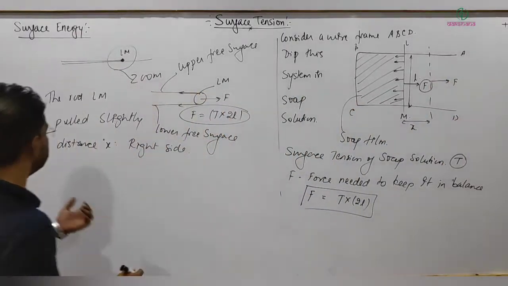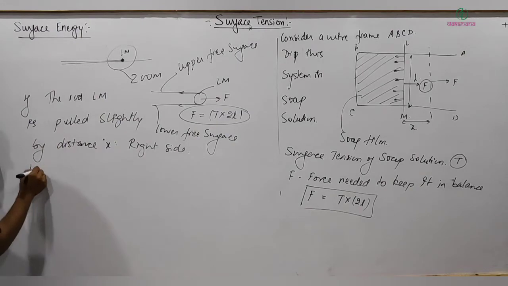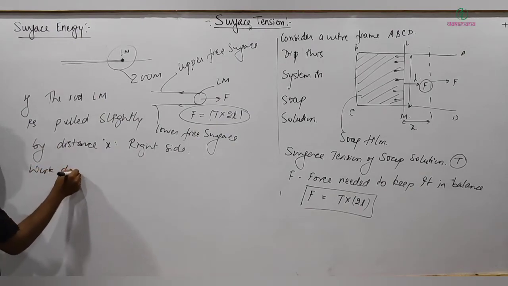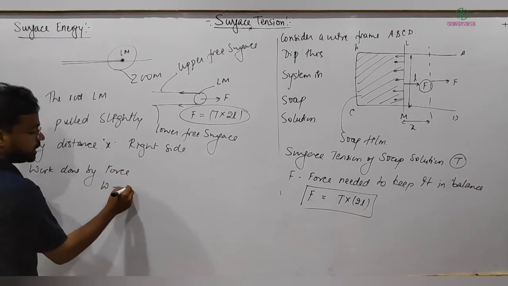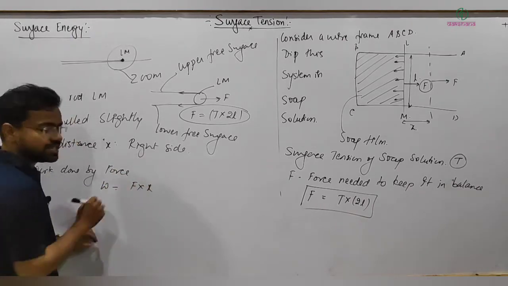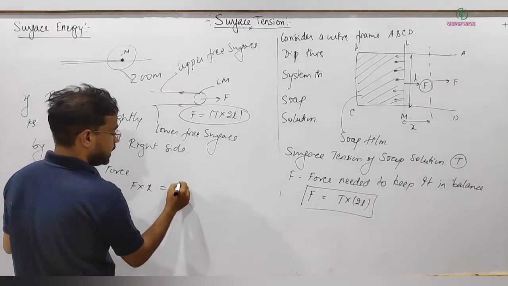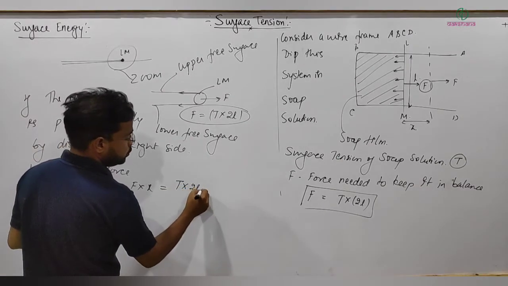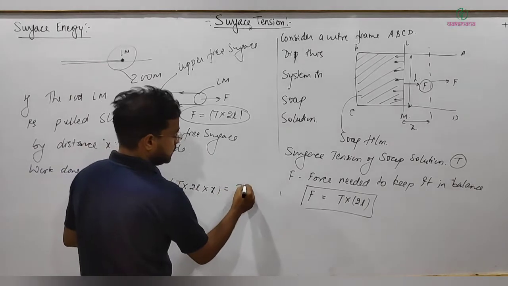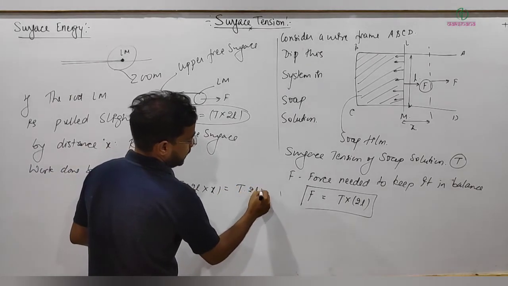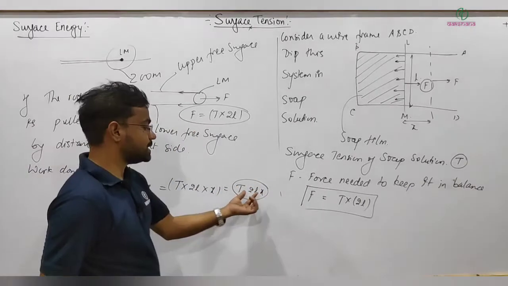Then what is the work done? Work done by force, W can be written as force into displacement, that is equal to F, which is T into 2L into x. This is equal to T into 2Lx. And what is this 2Lx?